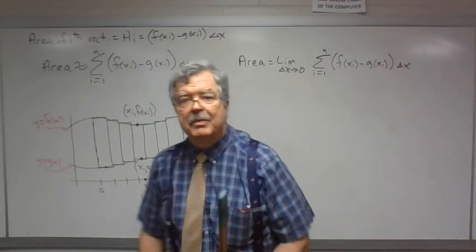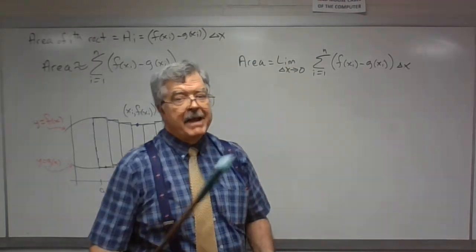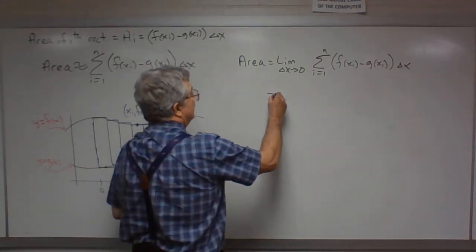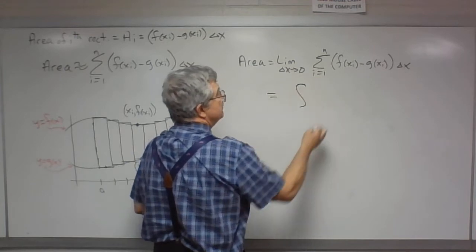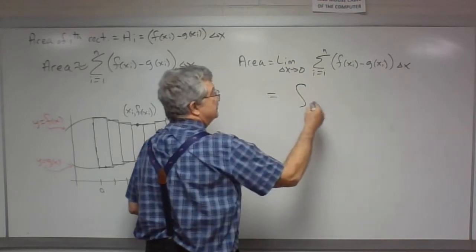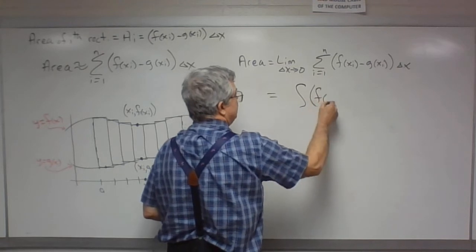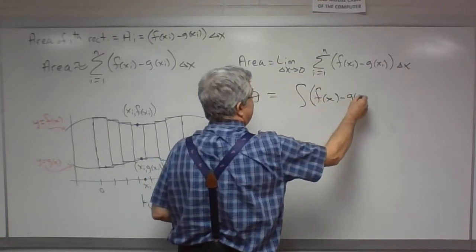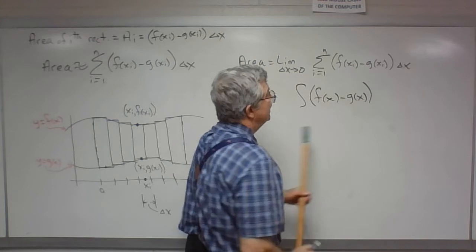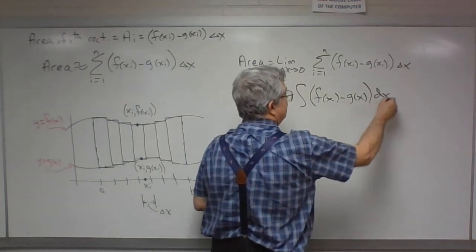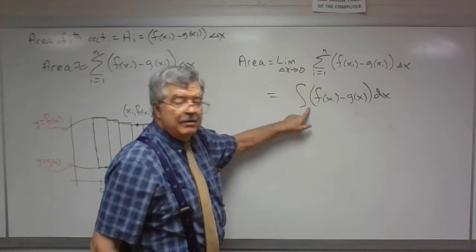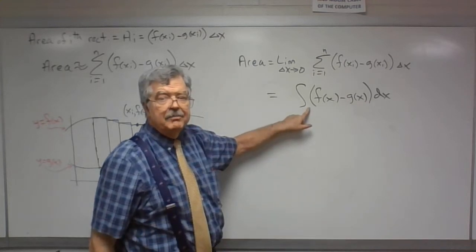And what happened when we did that? Magic. The summation sign turned into an integral sign. The x sub i's turned into x's. And the delta x turned into dx. This becomes a definite integral.